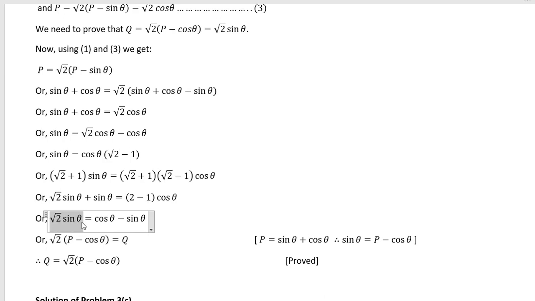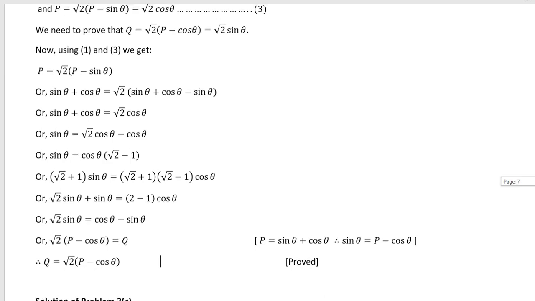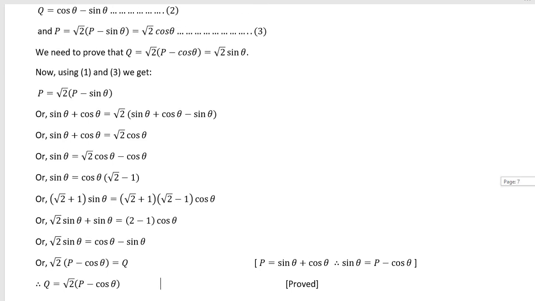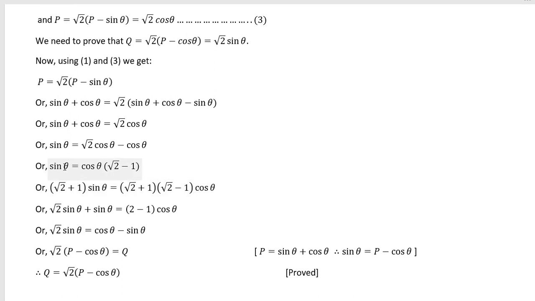So root 2 sin theta is equal to root 2 into P minus cos theta, and cos theta minus sin theta is given as Q. So Q is equal to root 2 into P minus cos theta, which was our target to prove. Now you can see it is very easy, but one thing is very confusing here, and that is we have multiplied root 2 plus 1 at both sides all of a sudden.